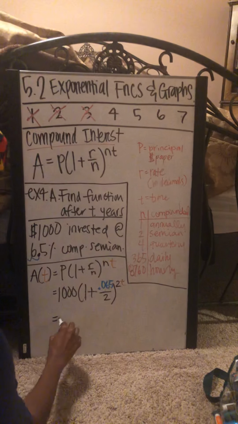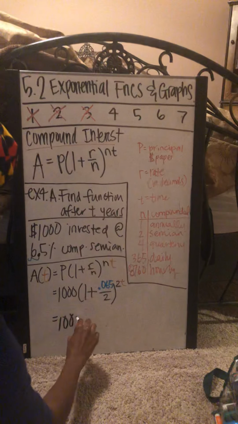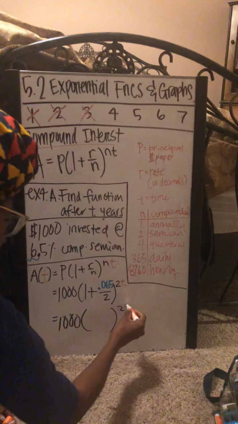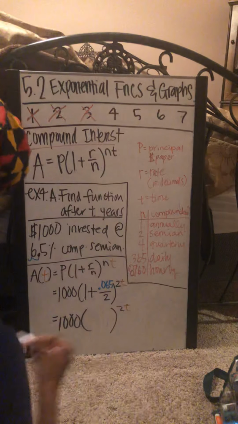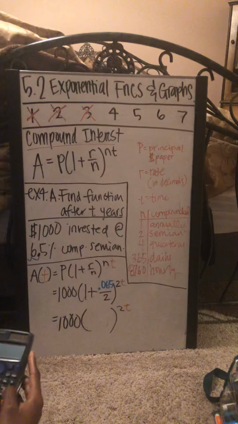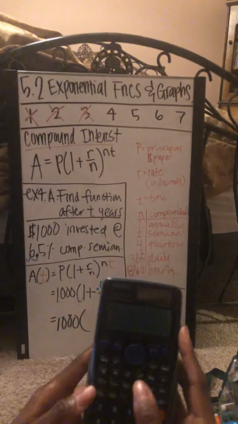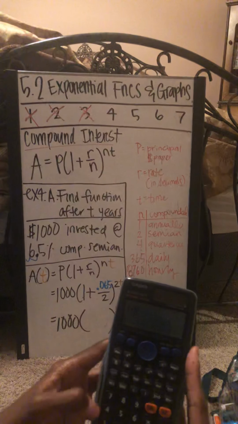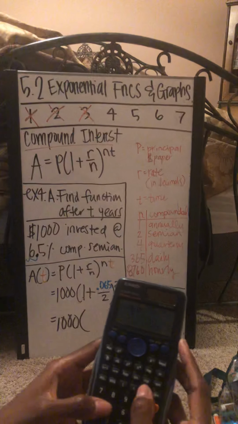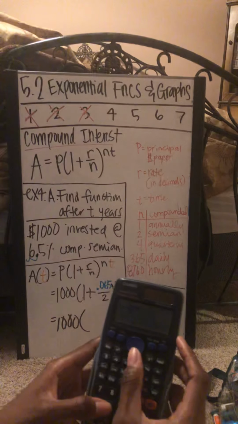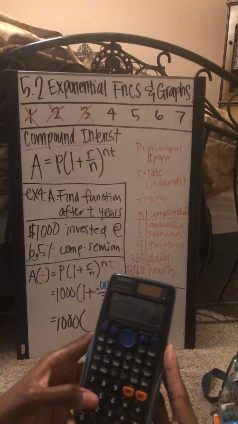So when you're doing the homework, it's going to be like, this isn't simplified, okay? So what it wants is for everything in that parentheses to be written as one part. So what you can do is take your calculator and you can type all that in. You can say 1 plus 0.065 divided by 2 and see what it gives you.